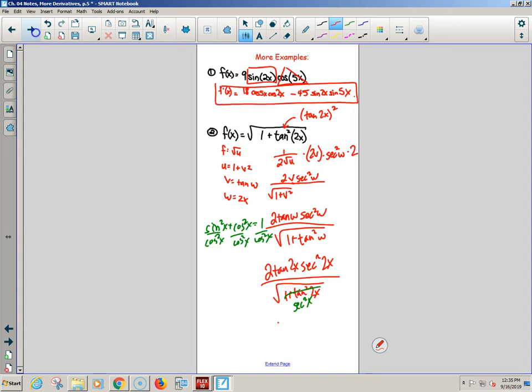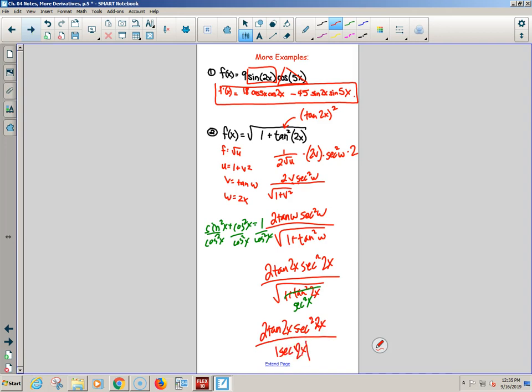Now careful. What do you have to be aware of? What's the square root of a square? So when I have 2 tangent of 2x secant squared of 2x all over absolute value of secant of 2x.